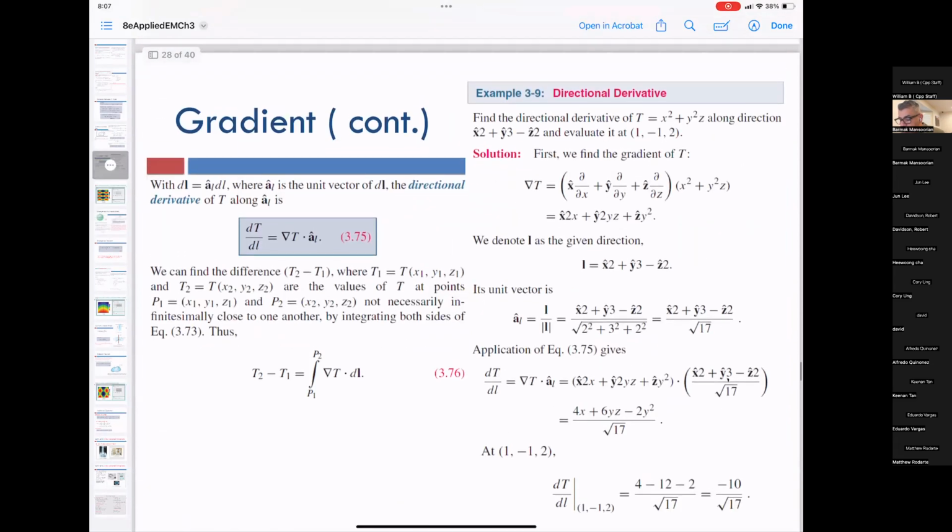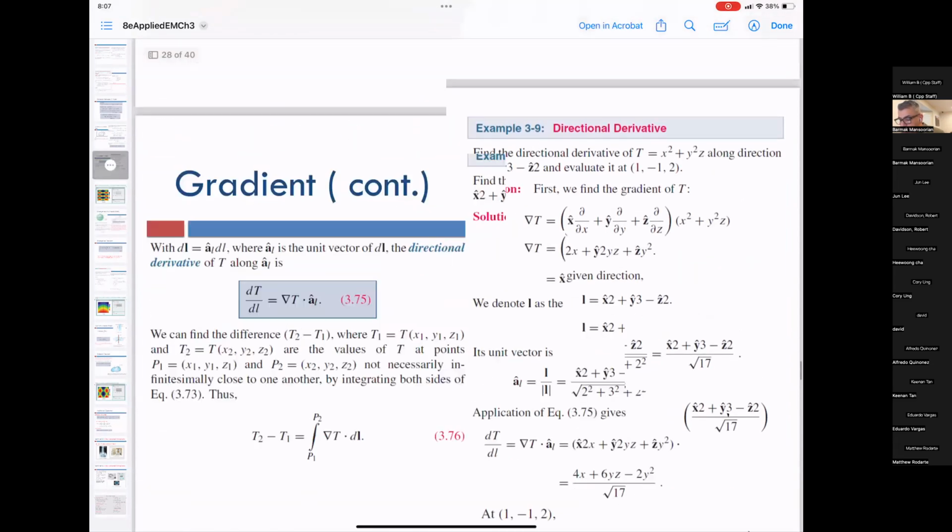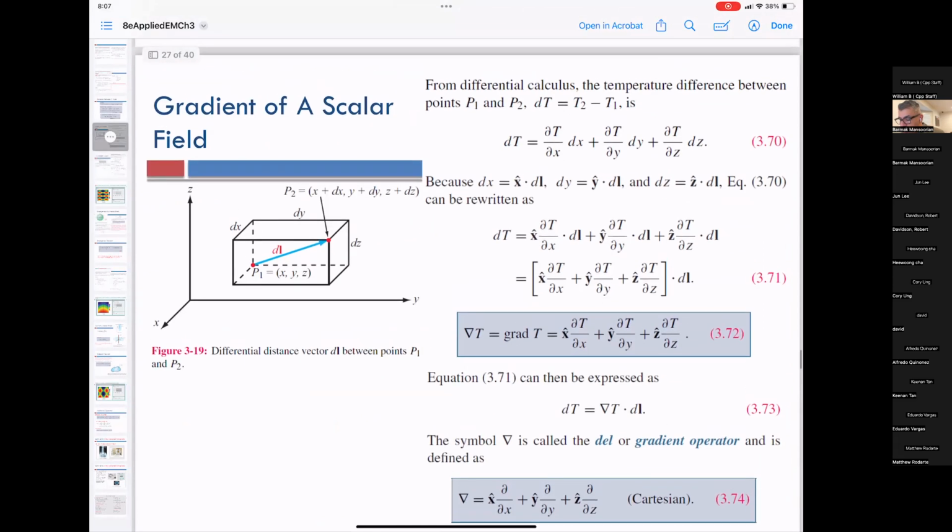So the gradient is basically you're taking a scalar field and doing this gradient operation on it, and the result is a vector.